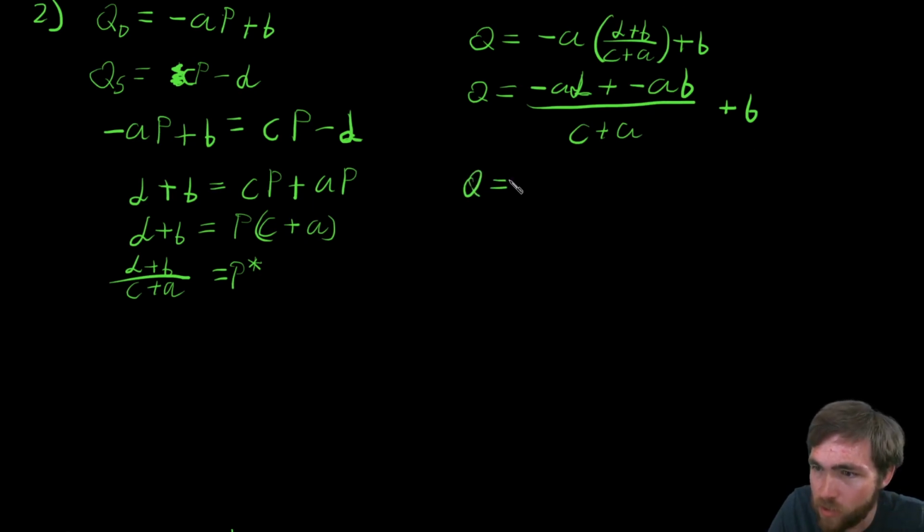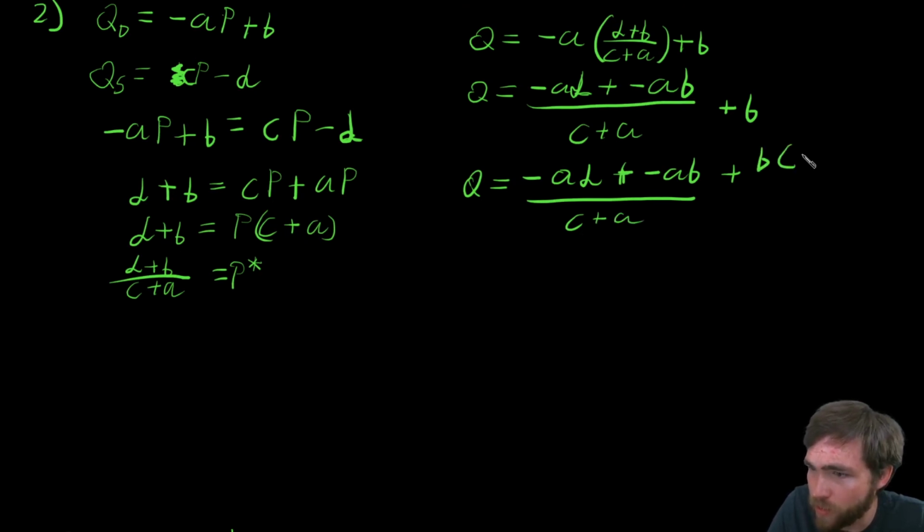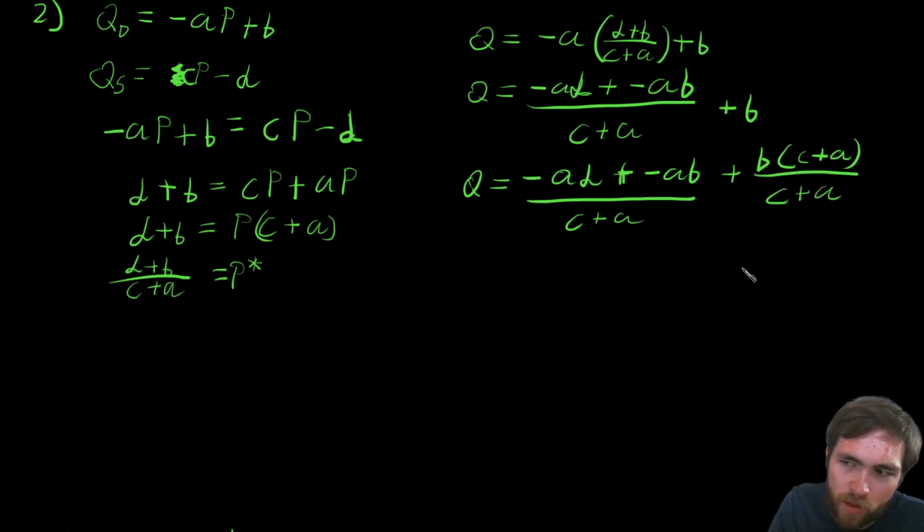So Q is equal to negative AD plus negative AB, all of that is over C plus A. And this is equal to B times C plus A over C plus A. That's just multiplying by C plus A over C plus A, which is equal to 1.